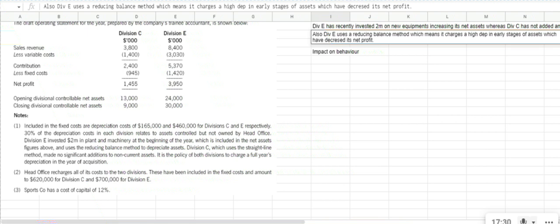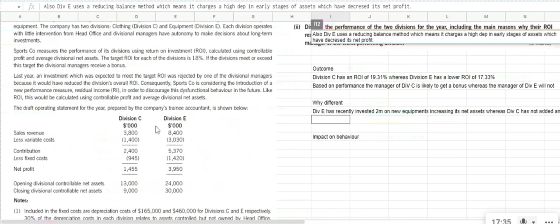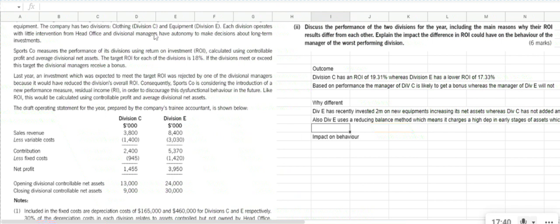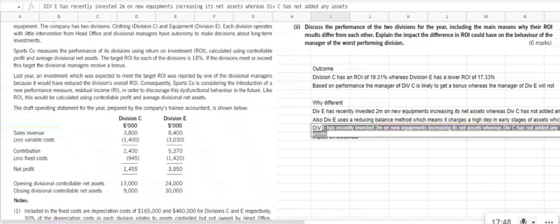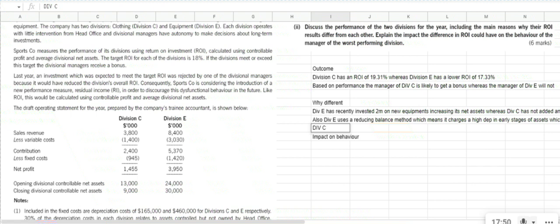And to add to that, let's see if there's anything else we can add. Division C makes clothing, whereas division E makes equipment.